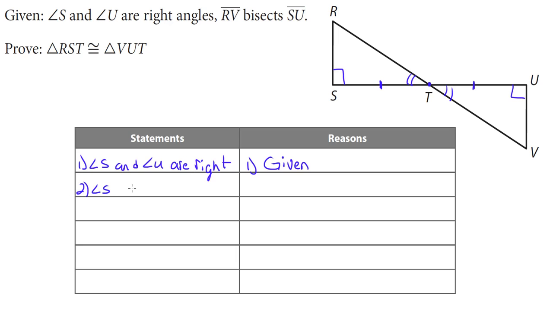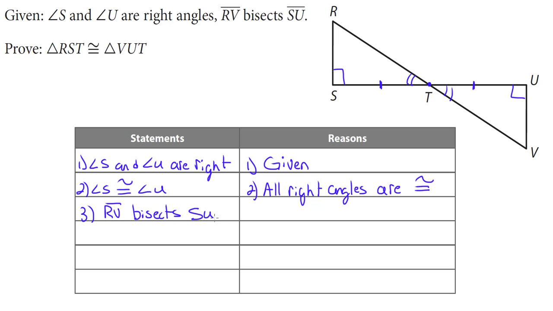So angle S is congruent to angle U, and the reason for that is all right angles are congruent. The next piece of information is that RV bisects SU, and that is given.